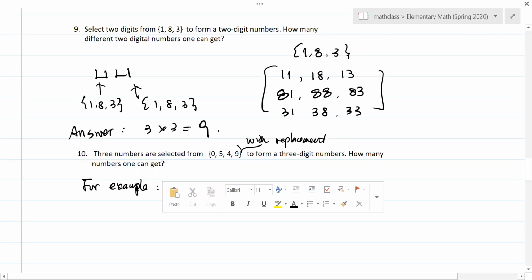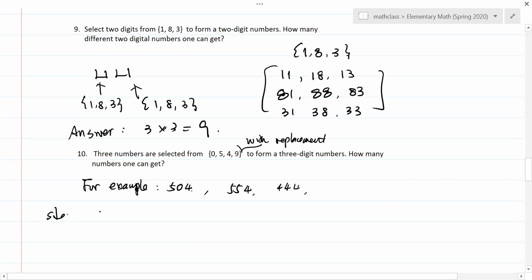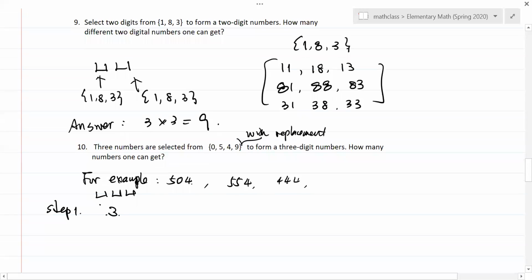All right, so let's do this. This is a three-step problem. Step one, the hundreds digit. How many choices for the hundreds digit? 3. Why? Because you can only use these 3 numbers.